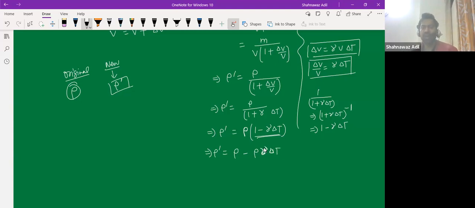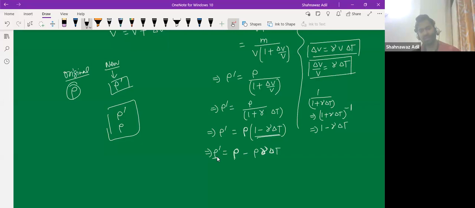right? So if I ask you guys which one is greater, rho prime or rho? Because you are subtracting this thing from rho, you are taking out this portion from rho, which means that this rho prime is coming out to be smaller or larger?